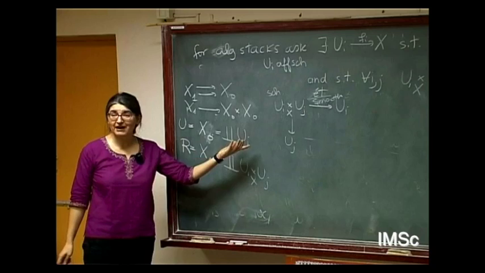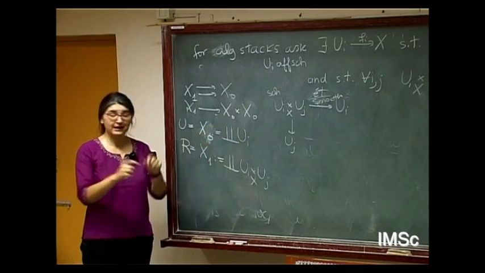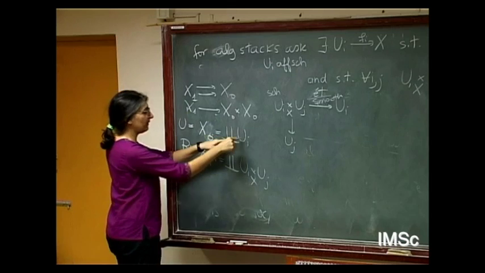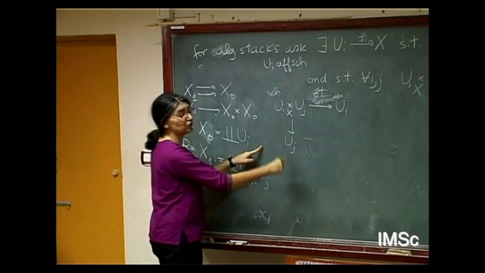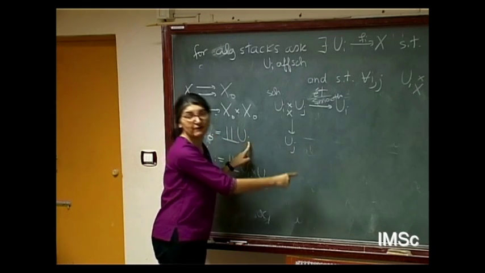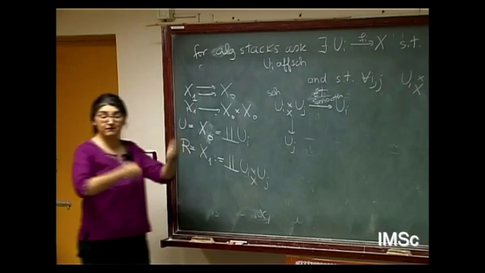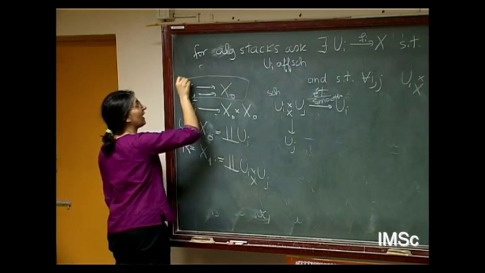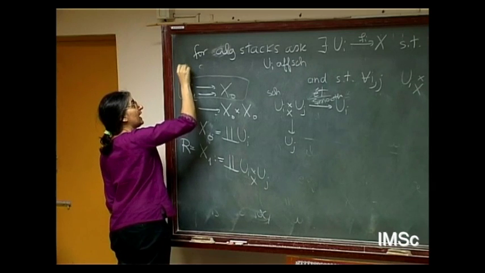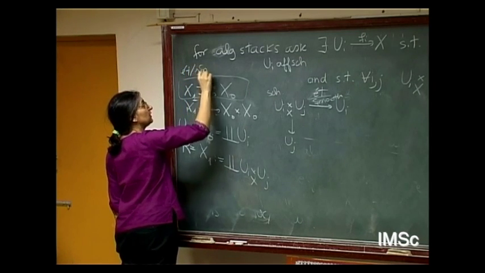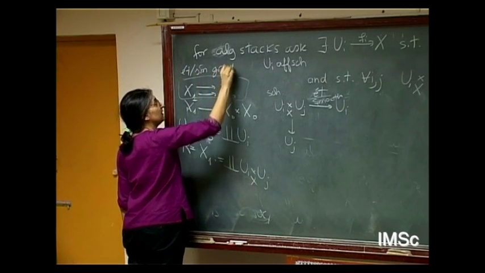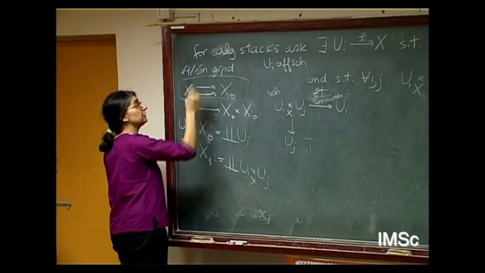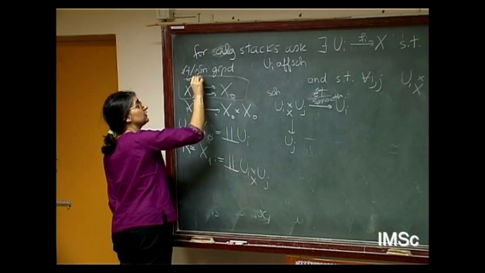And this is a generalized equivalence relation, in that when you have something which goes from u_i to u_j and something which goes from u_j to u_k, then you have a composition. And this is the famous. So what you require is that this is an étale or smooth groupoid. And étale or smooth means these two maps are étale or smooth in the category of schemes.